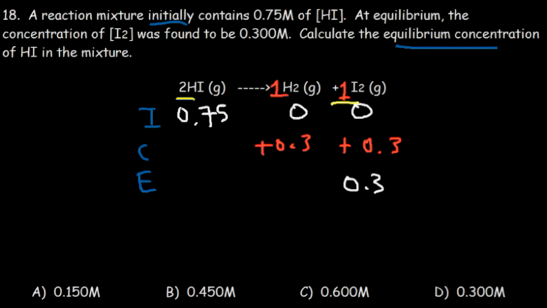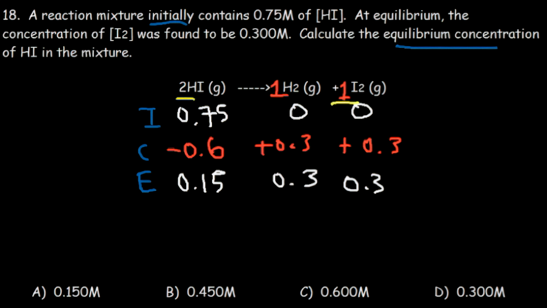So if the products are increasing, the reactants must be decreasing, but by twice the amount. So if 0.3 moles of iodine is produced, 0.6 moles of HI reacts. And that's why we have negative 0.6, because it's decreasing. So the final concentration of HI is simply 0.75 minus 0.6, which is going to be 0.15.